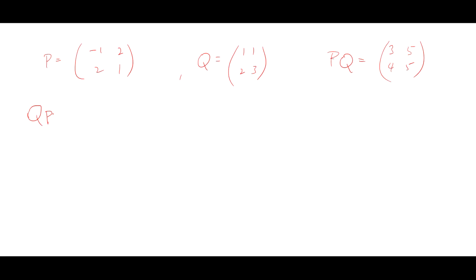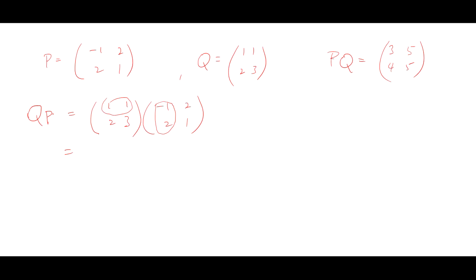Well, let's find out. So we're going to work out QP. So I'm going to write Q first. 1, 1, 2, 3. And P is minus 1, 2, 2, 1. So we start. We're going to take the first row in the first matrix and multiply by the first column in the second matrix.